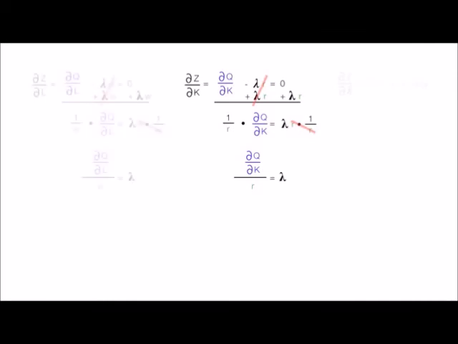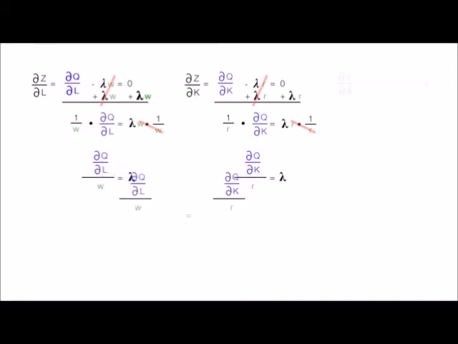Now, look at that. I have two things equal to lambda, so I can set them equal to each other like that. I wonder if I could even say what that is. Let me try. This reads as the partial derivative of Q with respect to L divided by w, or the wage rate, is equal to the partial derivative of Q with respect to K divided by r, or the rate of capital.